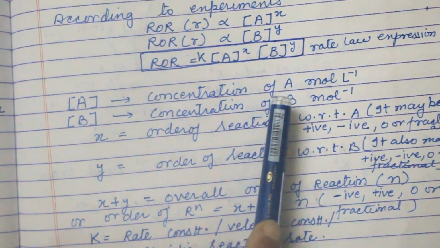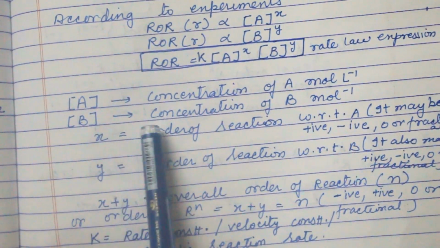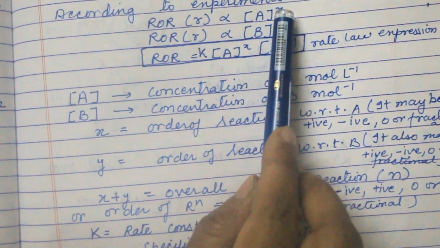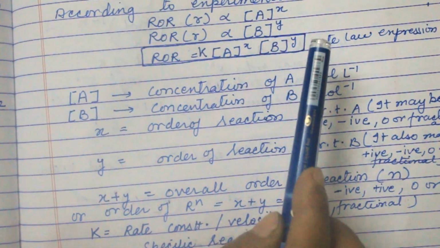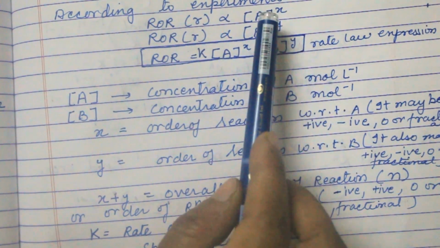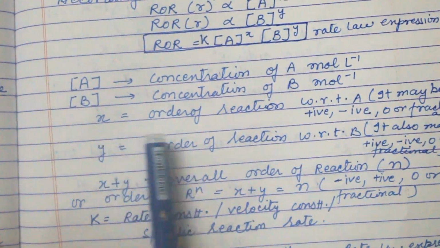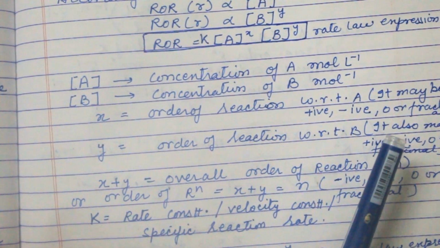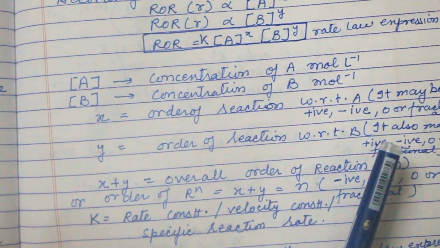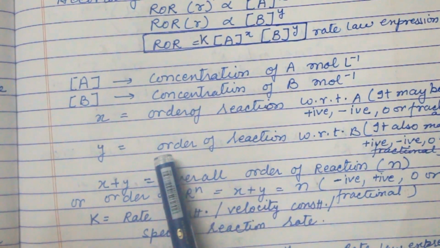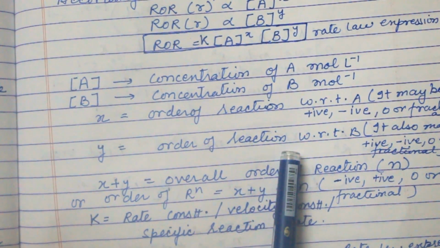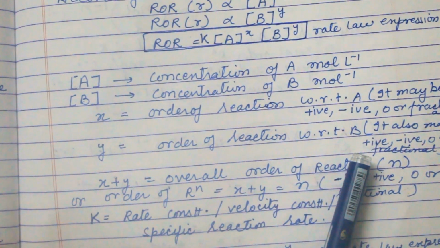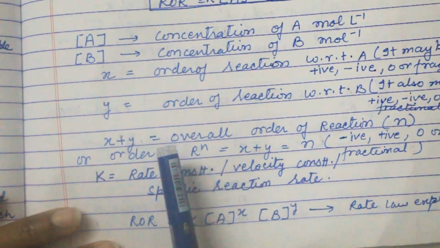A is the concentration of A in mole per liter, B is the concentration of B in mole per liter, and x and y are the orders of reaction, which we find out by experiment only. So x is the order of reaction with respect to A. It may be negative, zero, fractional or positive. Y is also the order of reaction with respect to B, and it may also be positive, negative, zero or a fraction.